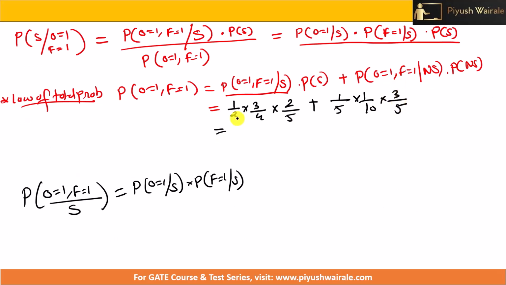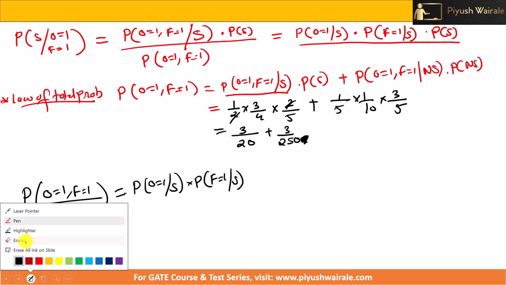So if you do the calculation, this will get cancelled. This is basically 3 by 20, plus here we have 3 by 250, right?